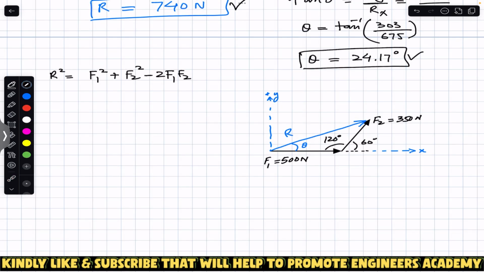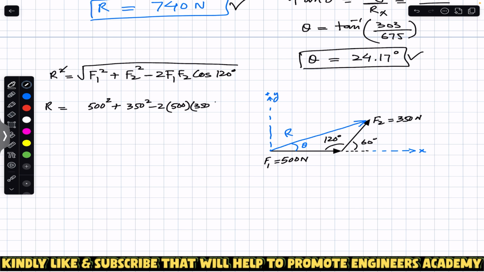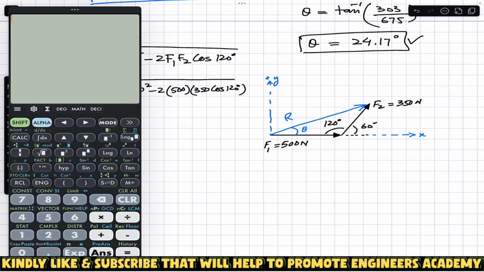So we can say 2 times F1 F2 cos of 120 degrees. And if we take the square roots on both sides of the equation, we will be able to find the resultant magnitude. So the resultant magnitude is equal to the square root of F1 magnitude 500 square plus F2 magnitude 350 square minus 2 times 500, 350 cos of 120, and this must give us that same 740 Newton magnitude.